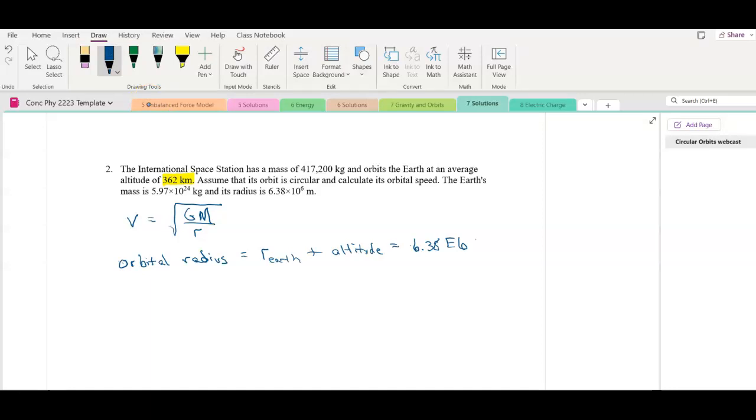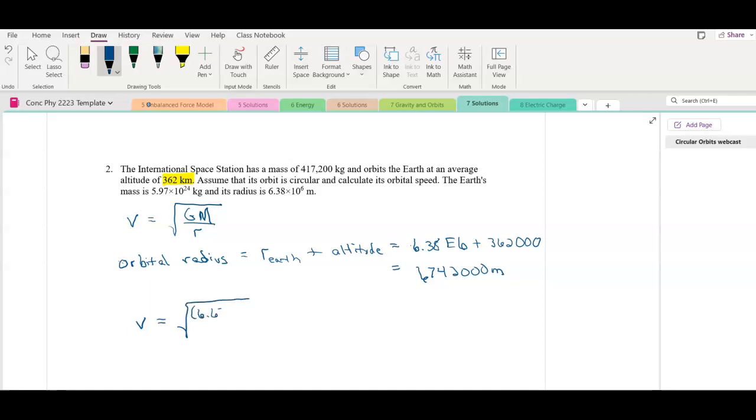So there are 1,000 meters in a kilometer, and so I'm going to add 362,000. So the total orbital radius here is 6.38 e to the 6th plus 362,000. And that's 6,742,000 meters.